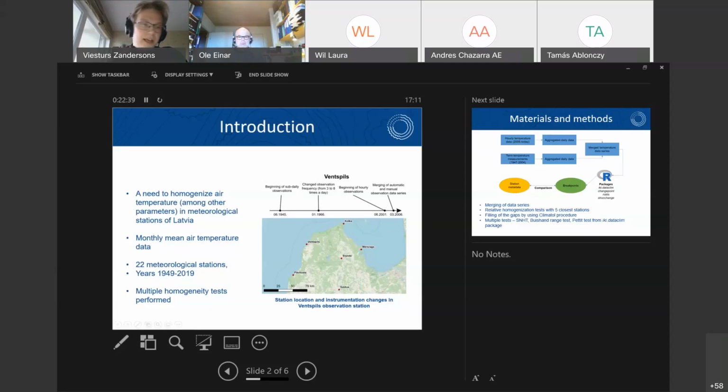And we performed multiple homogeneity tests. We started with Climatol, and afterwards we also checked statistical tests, like the standard normal homogenization test, etc., to see where the breakpoints can be found.